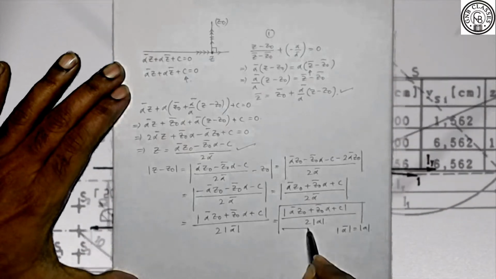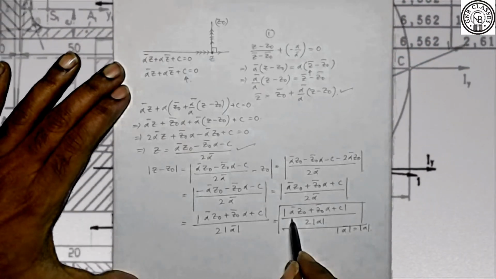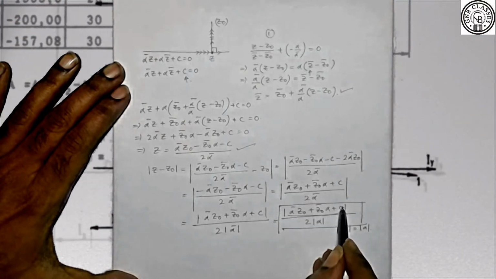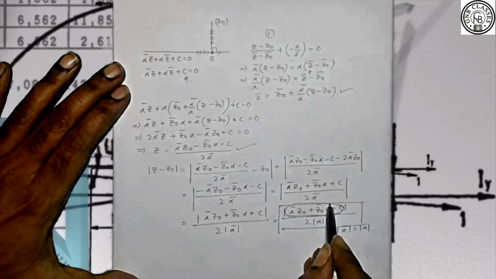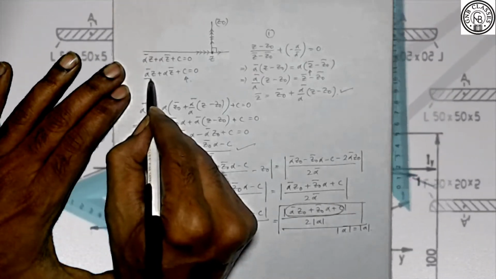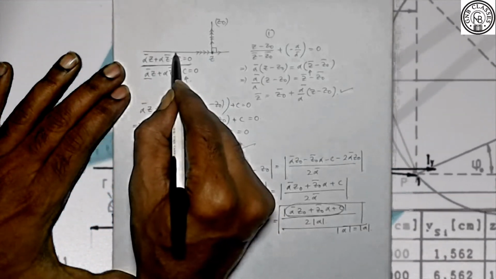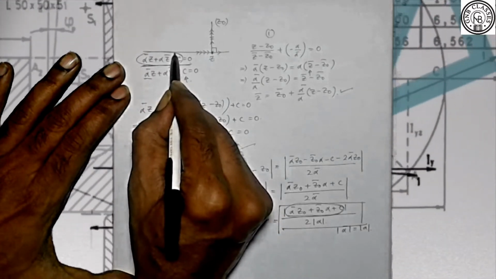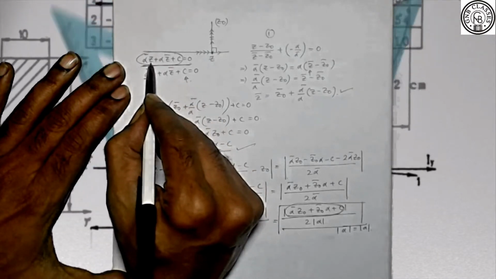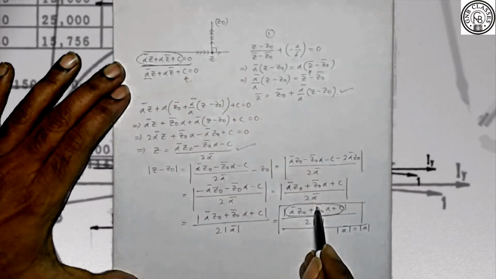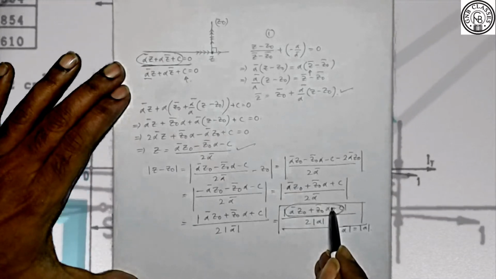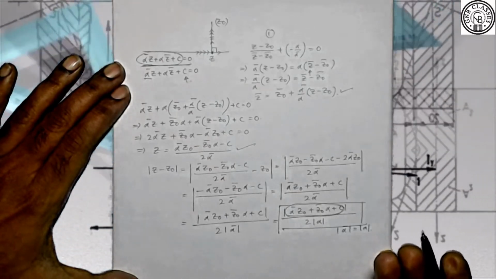Now it is pretty easy to remember. Actually you see this is the expression of the straight line. The equation of the straight line is this. So if we take this expression only, and in place of z, if we put z0, we get the expression which is in the numerator. So that way we can remember this.